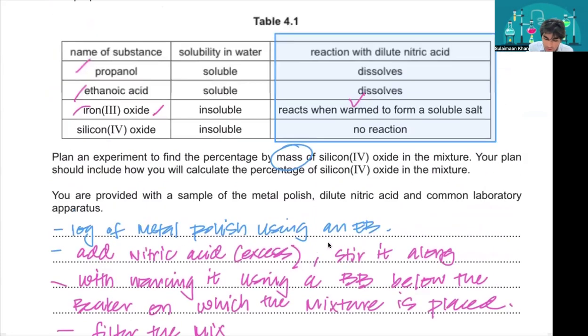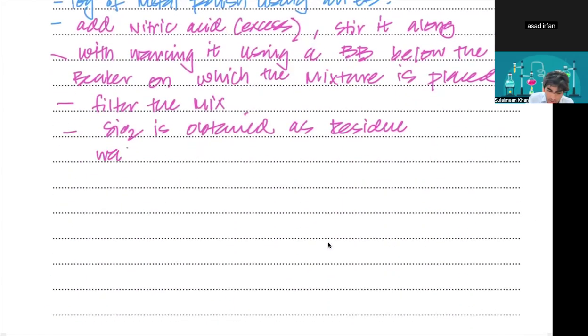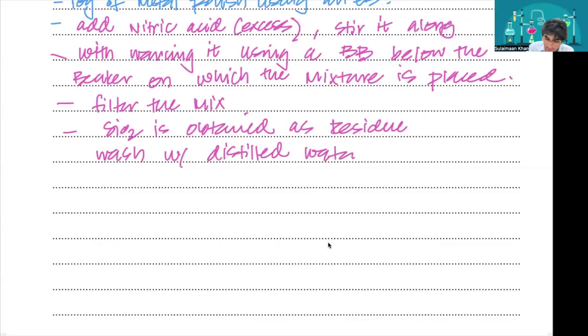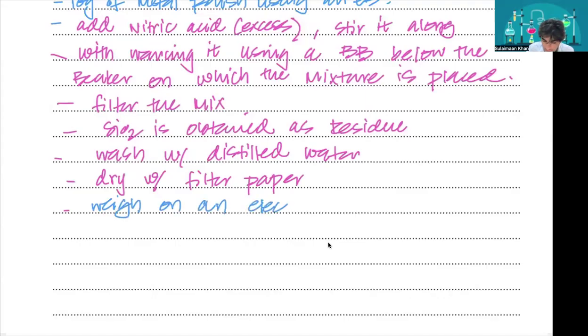Because it's not soluble in water, I'll wash it with distilled water, or pour distilled water through the filter funnel, and obviously dry it with a filter paper. And then weigh it on an electronic balance. It's more accurate.